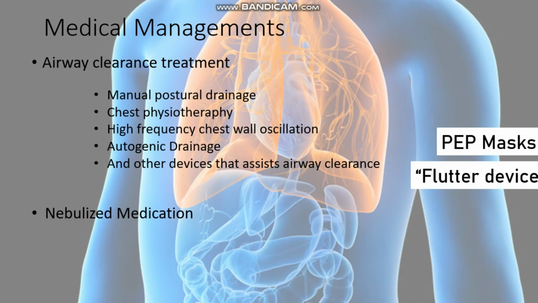A nebulized medication, such as dornase alfa, is given to degrade the large amount of DNA that accumulates within CF mucus. This agent helps decrease the viscosity of the sputum and promotes expectoration of secretions.